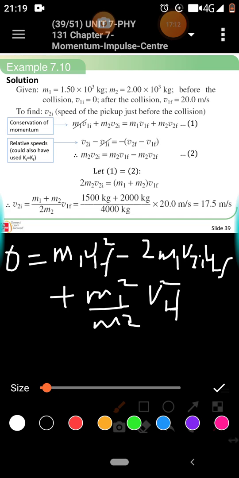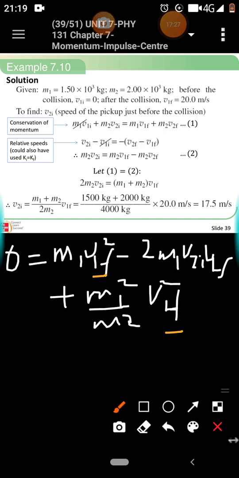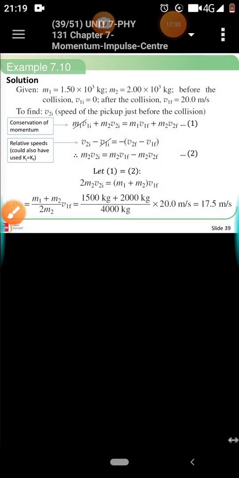Because we have v1f squared here and v1f squared there, we can group these terms.